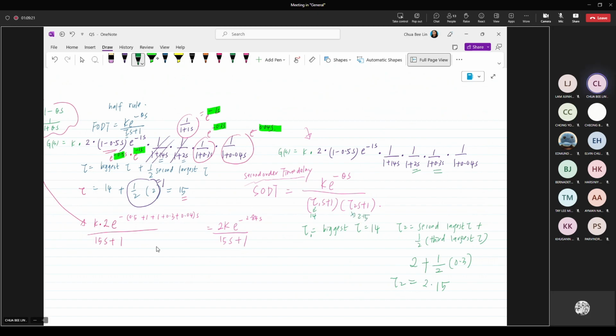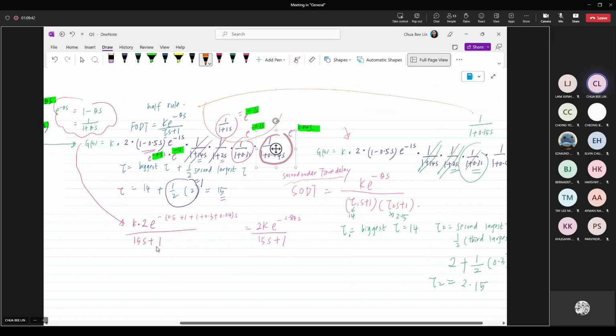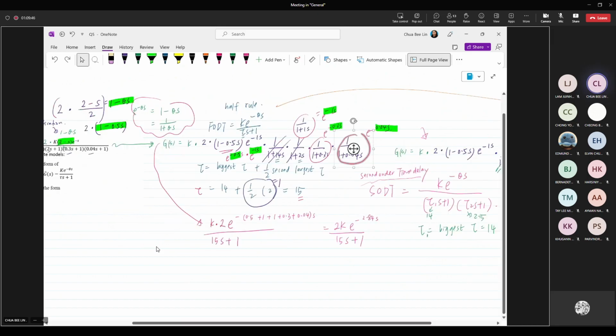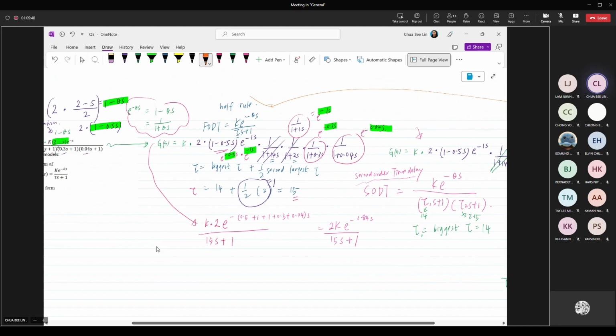Okay, then repeat the same for the rest. So the one you already used for tau cannot include. This one cannot include. This one will be left with half. So 1 over 1 plus 0.15s. And then compare all of these with the equation of this one.